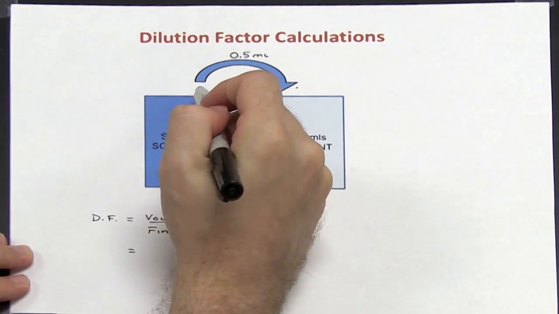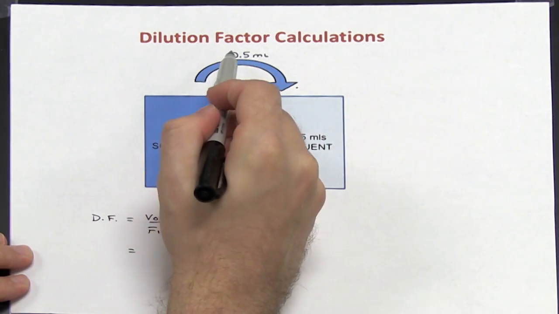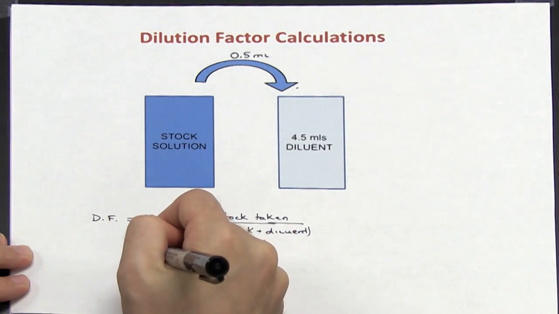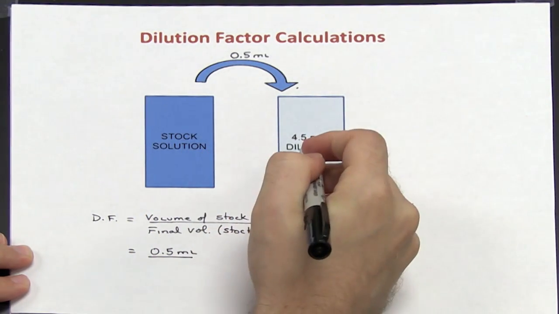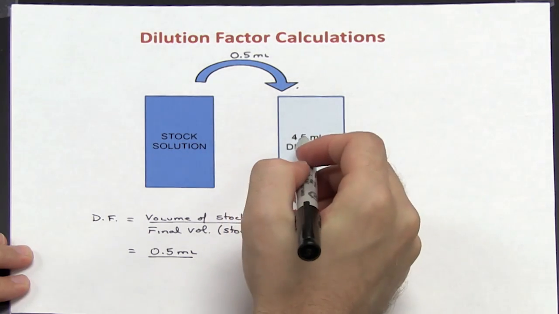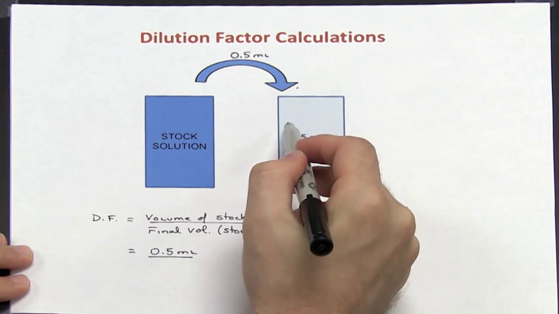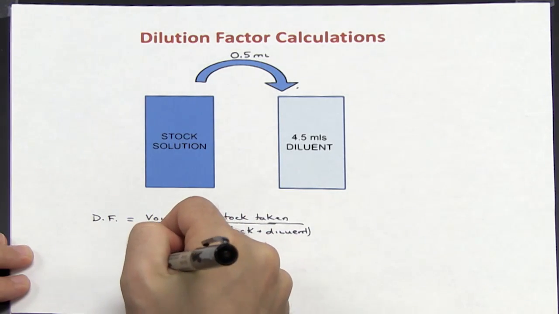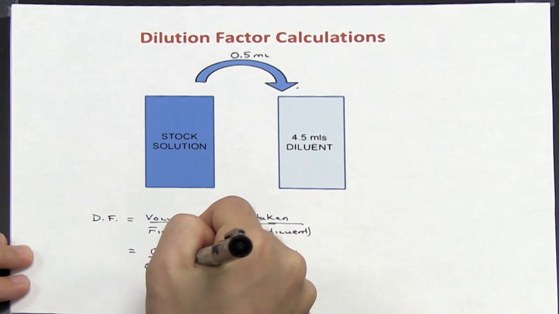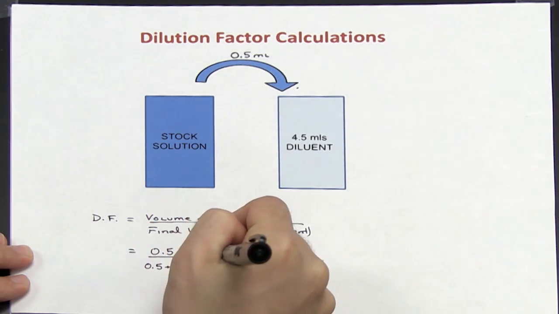So I am taking out of my stock solution 0.5 mLs, so 0.5 will go in the numerator. And in the denominator, I have the 0.5 going in, as well as the 4.5 mLs of diluent. 0.5 plus 4.5 mLs.